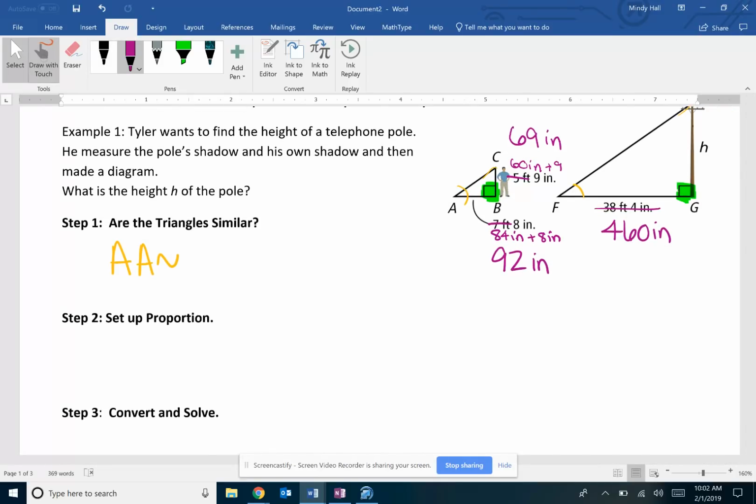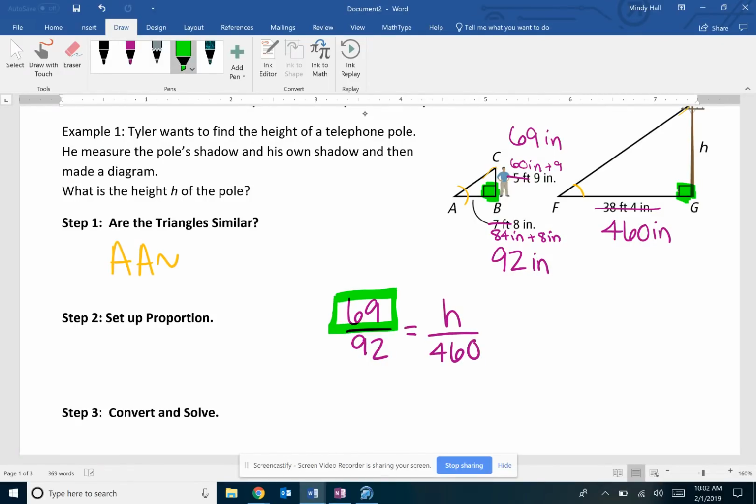Personally, I would do 69 over 92 equals h over 460. Notice that my corresponding pieces, 69 and h, are in the same spot, on opposite sides. You could also have them on the same side, and then your 92 would just be where your h would go instead.